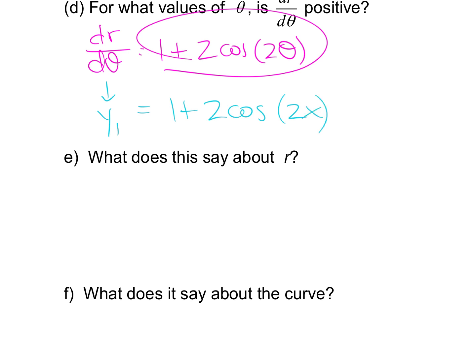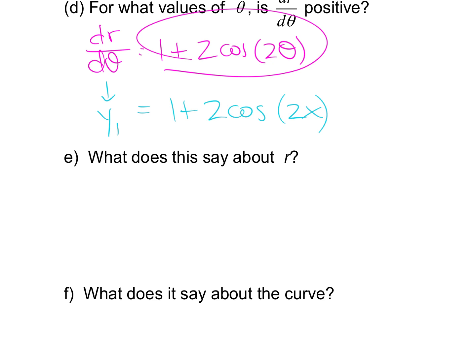I'm going to enter it like this. This is not going to be what it would look like in polar, and that's okay. We don't need what it looks like in polar. We just want to know where this is positive, right? So I can go to my y equals. I can clear out whatever I have in here, and I can enter in 1 plus 2 cosine of 2x.